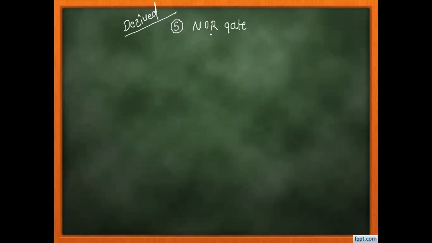The NOR gate is also the combination of two basic logic gates. मग ते कोणकोणते बेसिक लॉजिक गेट आहे, एक आहे OR, and this N stands for NOT. It means that the NOR gate is the combination of basic logic gates OR plus NOT. This is a very important thing.